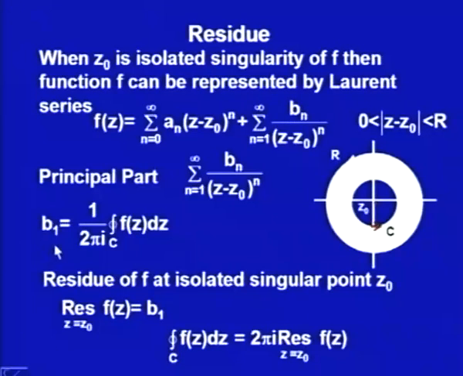That says this residue can be obtained without really integrating. Thus, this integral can be obtained using the Laurent series and the residue at that isolated singular point. Let us see how we are doing it with the help of some examples.